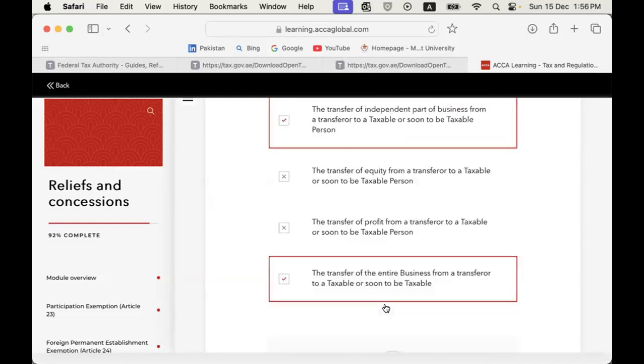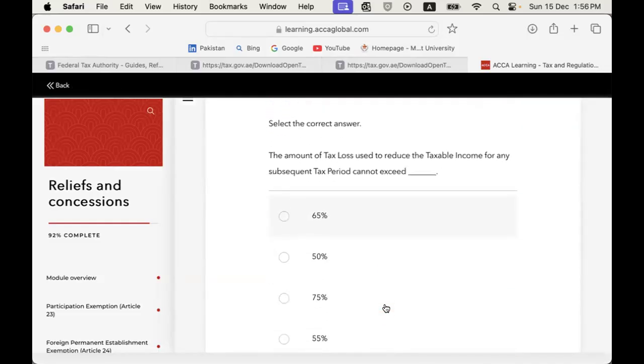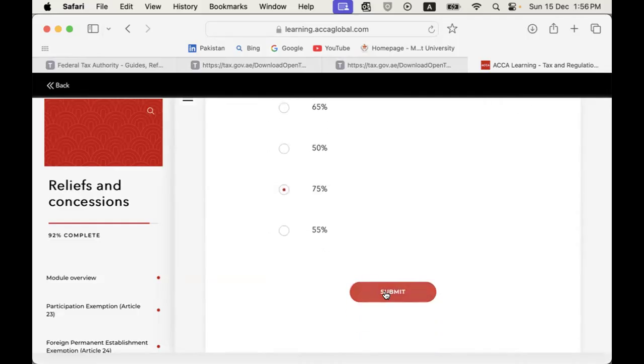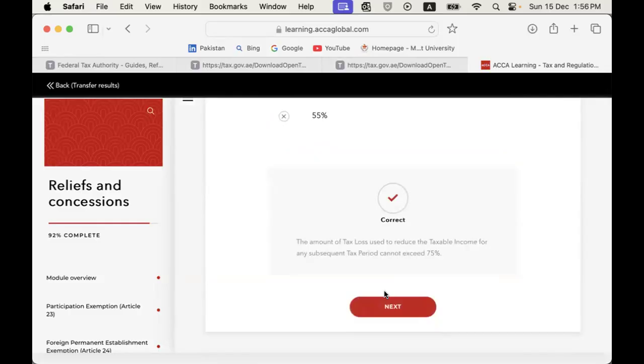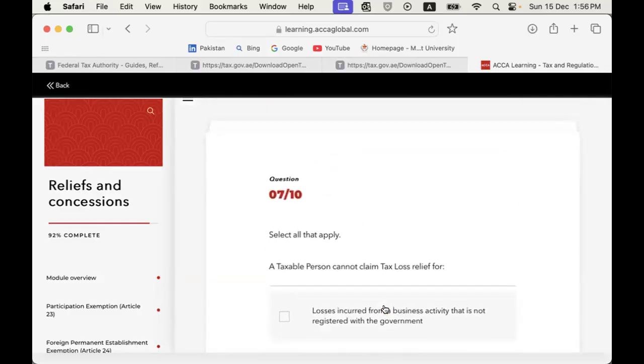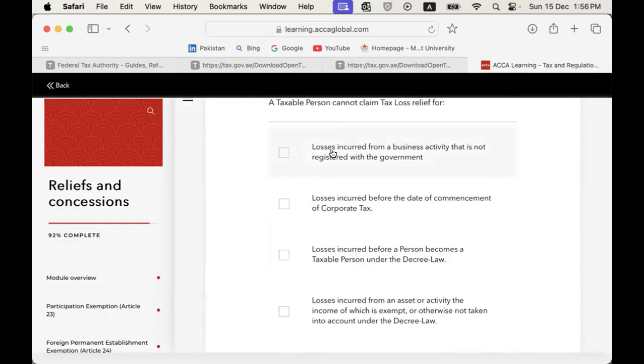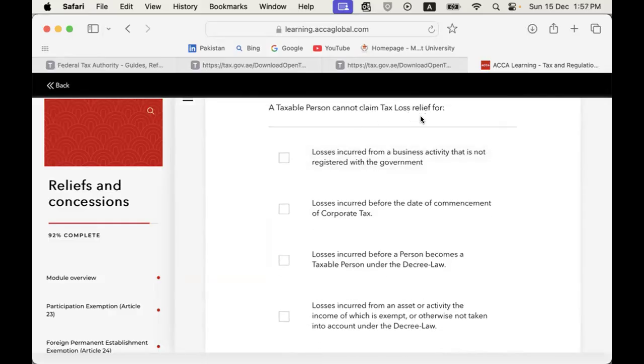Yep, correct. What else? The amount of tax loss used to reduce the taxable income. 75%. Okay, max 75% tax loss, 75% of the taxable income. Select all that shall apply. A taxable person cannot claim tax loss relief for losses incurred from a business activity that is not registered with the government.